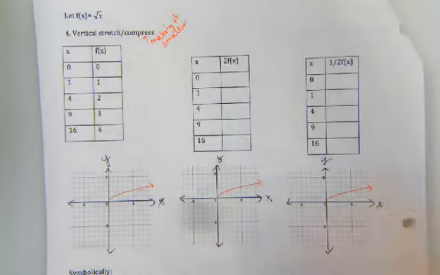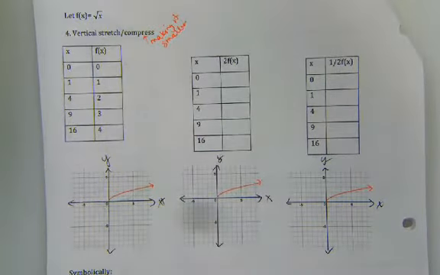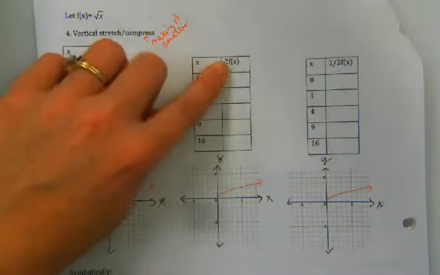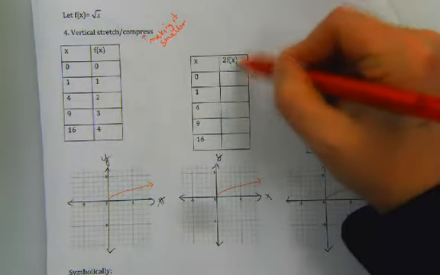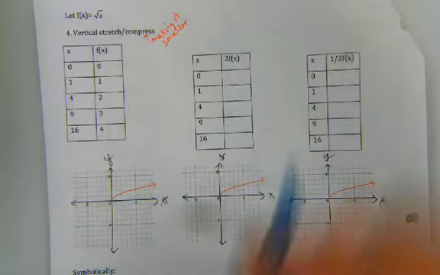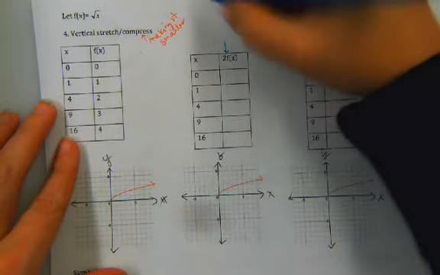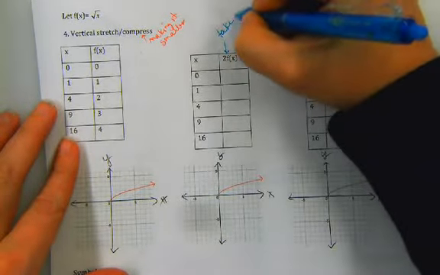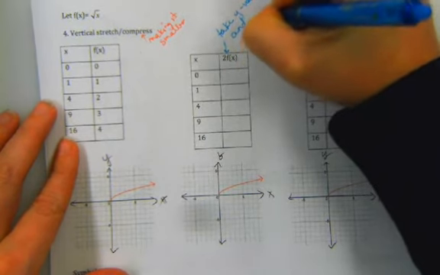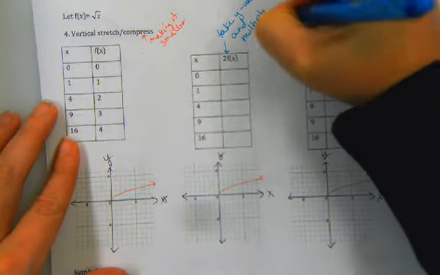So if I want to vertically manipulate something, it needs to be on the outside of the y value, just as this notation is telling us. Literally, this notation is saying, take your y value and multiply it by 2.